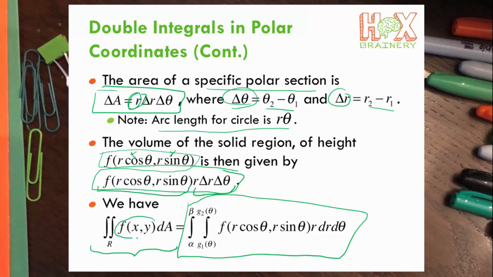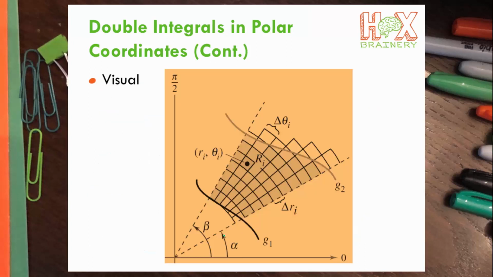Instead of f of x, y, you'll have f of r cosine theta, r sine theta, and instead of dA, you will have r dr d theta. Don't forget this extra factor of r. Sometimes students forget that. Now the limits of integration, those can be functions in terms of theta, because that's the outside differential, and alpha and beta would be constants. There's a picture up close if you need it.